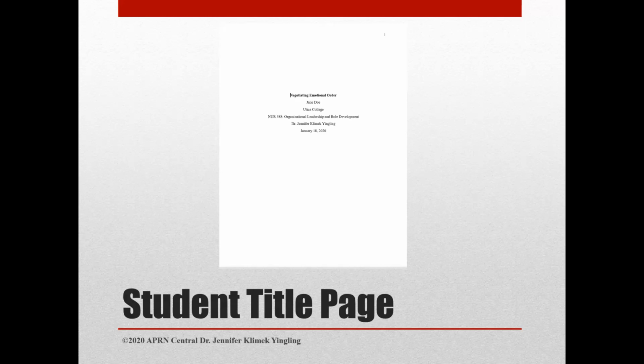For the title page, you want to have the title of the paper centered and bolded. Remember with APA, everything is double spaced. You're going to have your name, the school, the course number and title of the course, your professor's name, and the due date. So this is just an example so you can take a look.